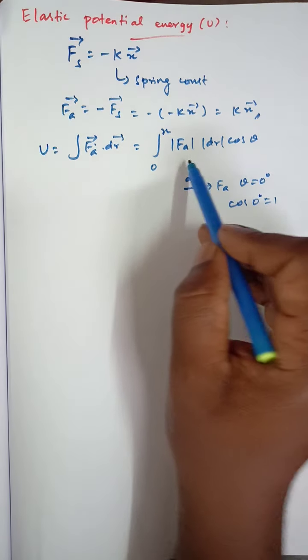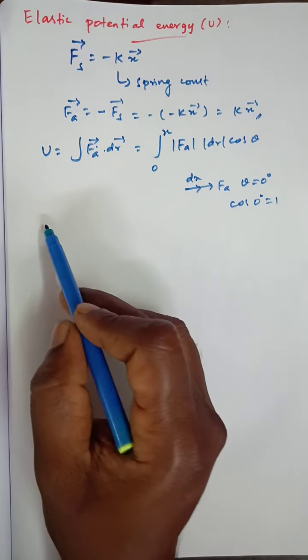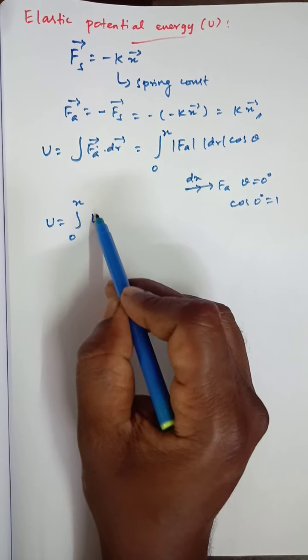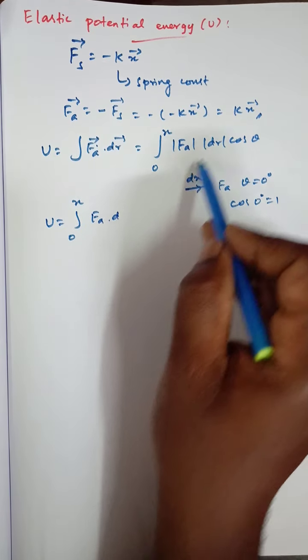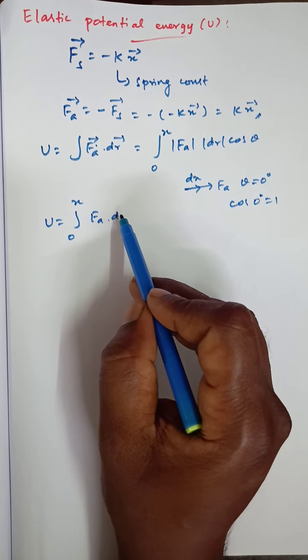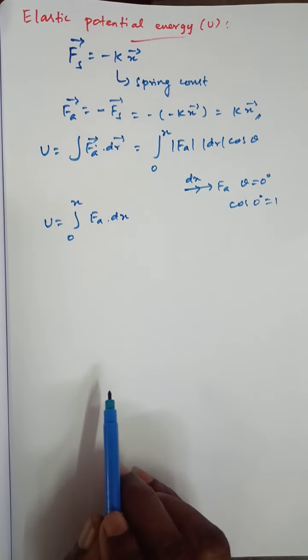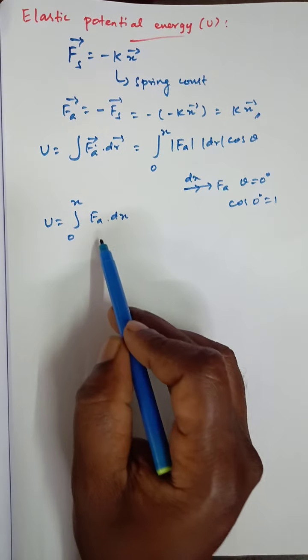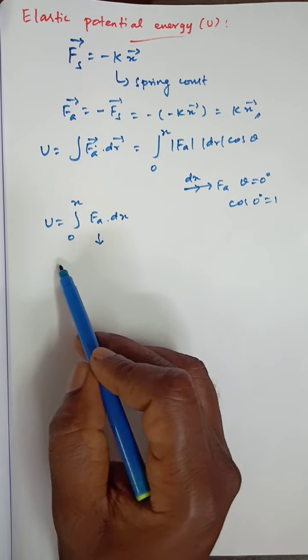So we write only Fa into dr. So U is equal to the integral from 0 to x of Fa into dx, because it moves in the right side or positive x direction. Now we have the formula Fa is equal to K into x.